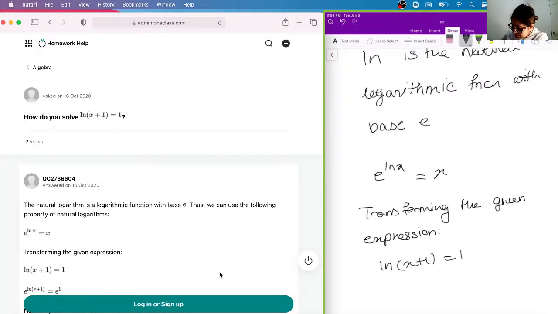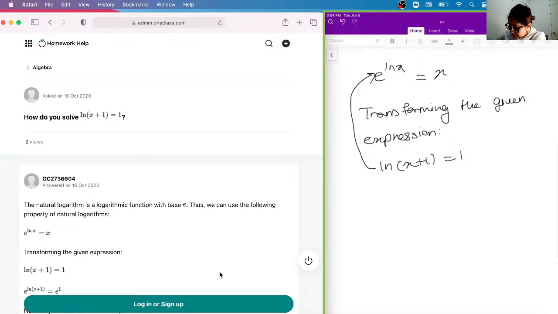We're just trying to write this differently. We're going to put e to the power of ln, and instead of x, we're putting the value of x, which is x plus 1, is equal to e to the power of 1. Any number raised to 1 is equal to that number, right? So e to the power of 1 is basically just e.